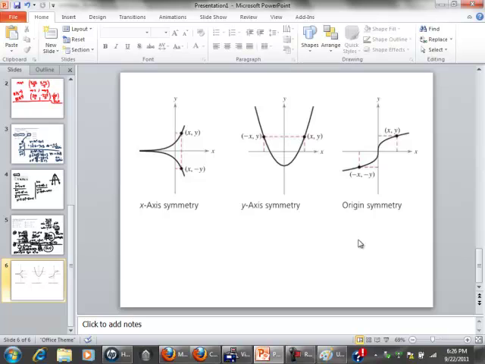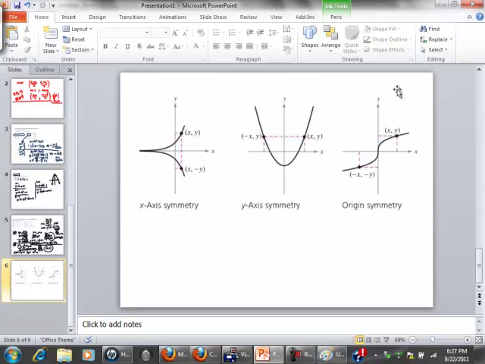Whatever's up in this first quadrant gets reflected, maybe reflected about the line y equals negative x. I'm not sure the best way to say it, but the x's become negative and the y's become negative. So you reflect about this line for origin symmetry.